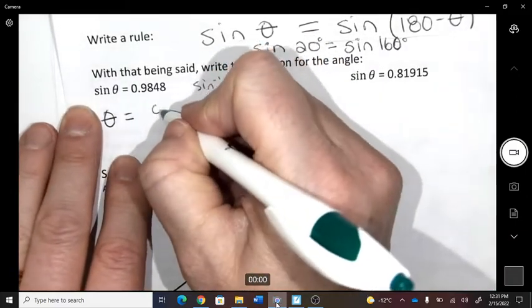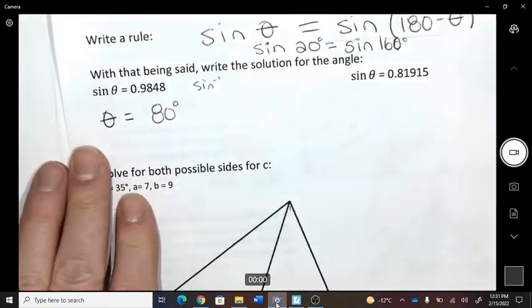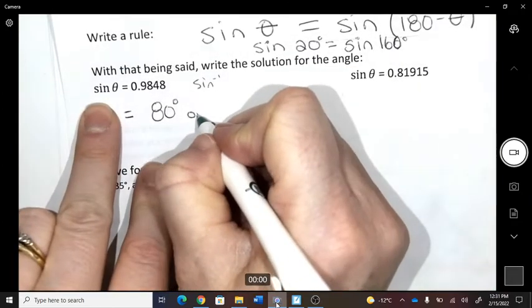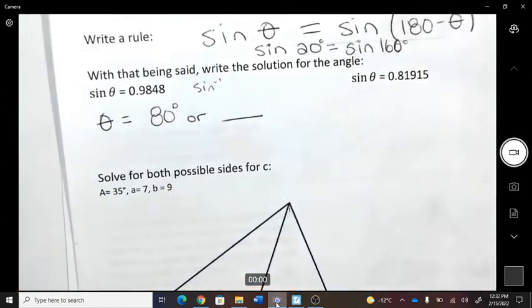Did you get 80 on your calculator? 79.99, 80 degrees. But that's not the answer. That's half of your answer. Or what else could have worked?